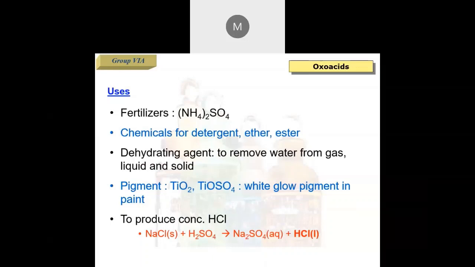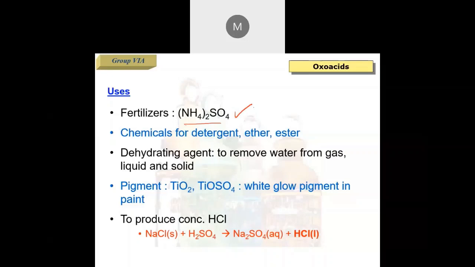Uses: it is also used as a fertilizer. Earlier we have seen ammonium nitrate, which is a fertilizer, and this is also a fertilizer. So what are the differences? Can you tell me? Which is better, using ammonium sulfate or ammonium nitrate? Which is more suitable?